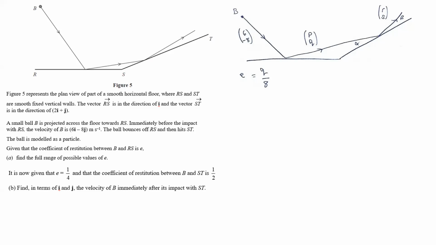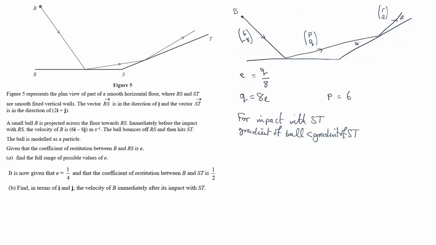So I've got Q is equal to 8E. P horizontally, remember this is all in components, so we don't have to worry about cos and sine. So P is equal to 6 because it's already split into components.